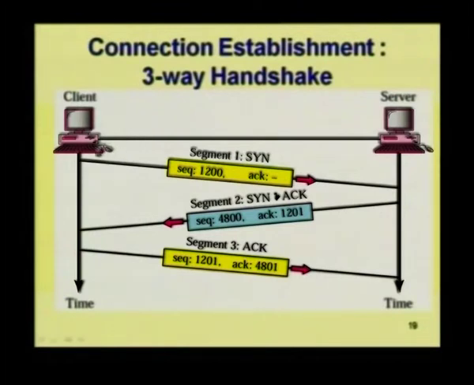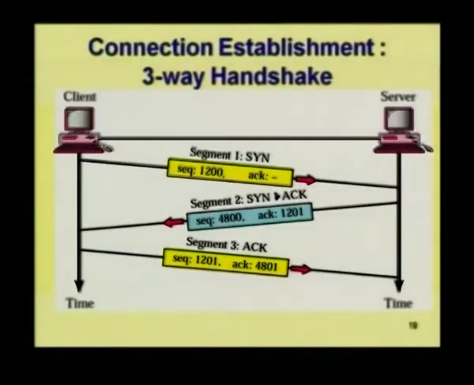First, when a client wants to talk to a server, it sends out a SYN packet, that is a packet which has the SYN flag set. When the SYN flag is set, it indicates that it is trying to start a connection. So the SYN flag essentially means that the client tells the server, I want to talk to you. When it sends the SYN flag, it also sends a sequence number saying that this is the sequence number at which I want to start my data transfer.